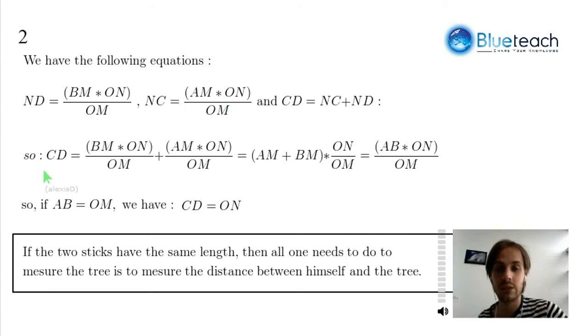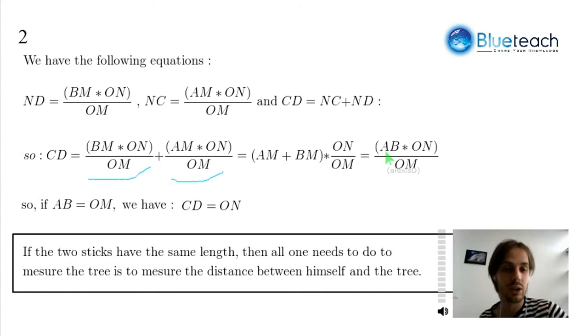So CD is equal to BM times ON over OM plus AM times ON over OM. That's AM plus BM times ON over OM. And because AM plus BM equals AB, that's AB times ON over OM.